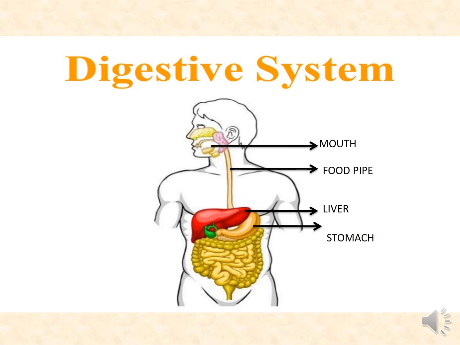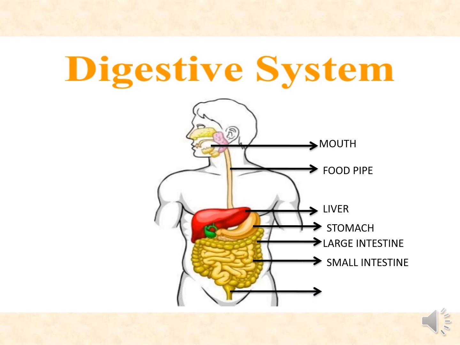Next, the stomach. It is the muscular bag where our food goes. Next, the outer thick lining is called the large intestine. The inner part, that is the coiled part, is called the small intestine. So the outer one is the large intestine and the inner one is the small intestine. And the last is the anus.